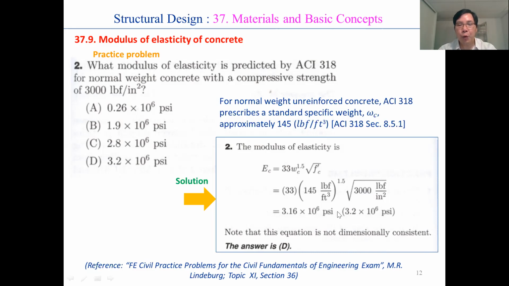This value is equal to 3.2 times 10^6 psi. So you can see that the good response for this problem is D.